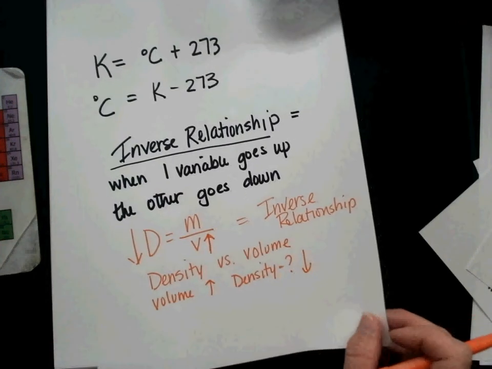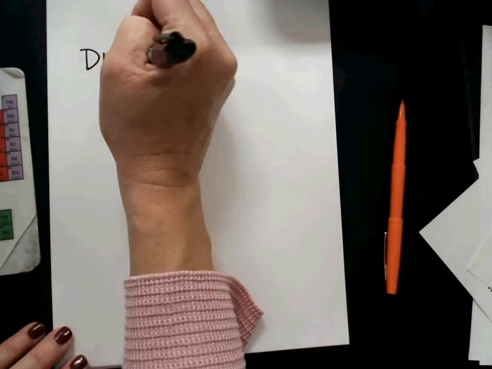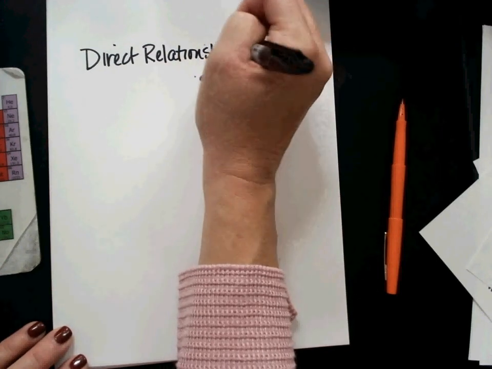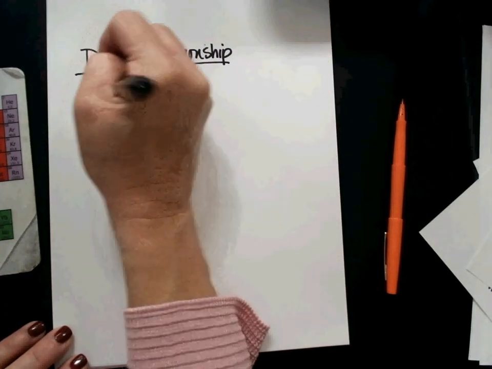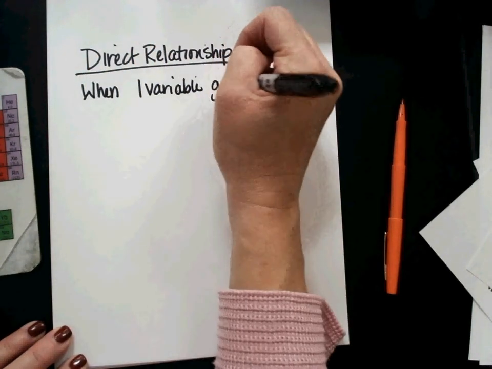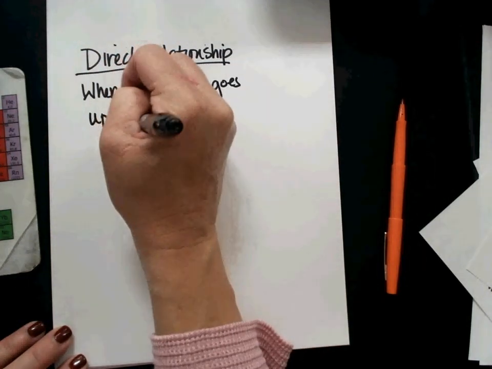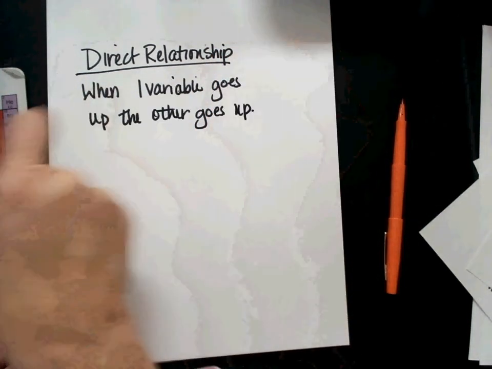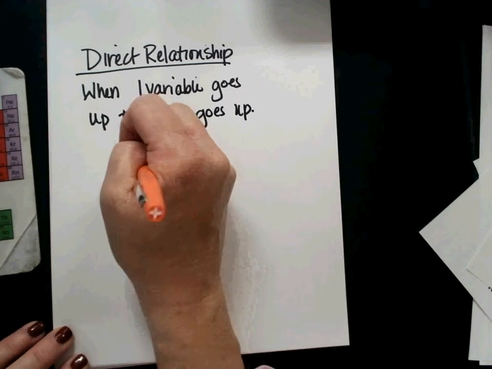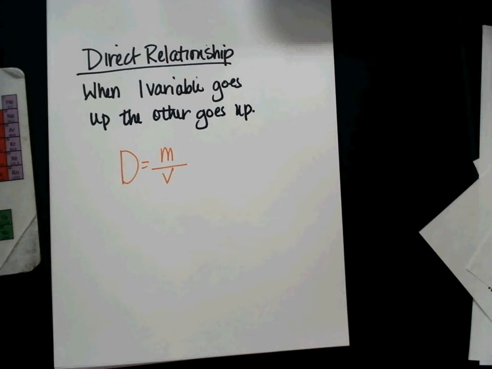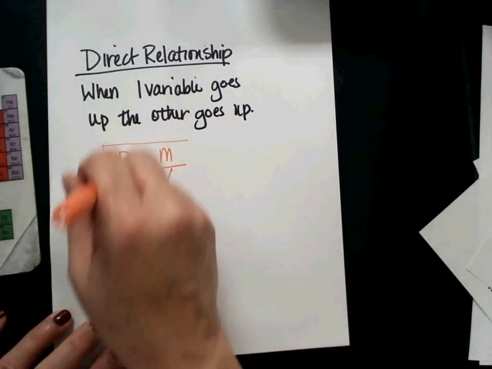So what do you think a direct relationship is? Good. So let's write that down really quick so you've got it. Direct relationship, when one variable goes up, the other one goes up.